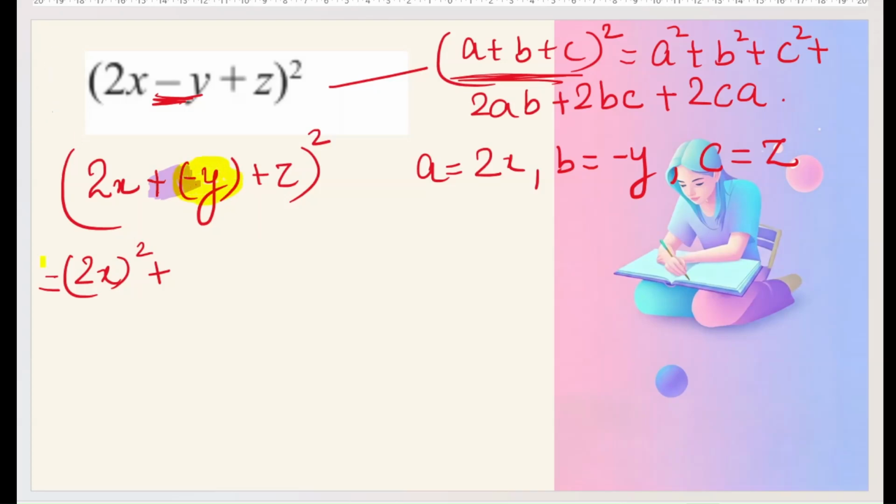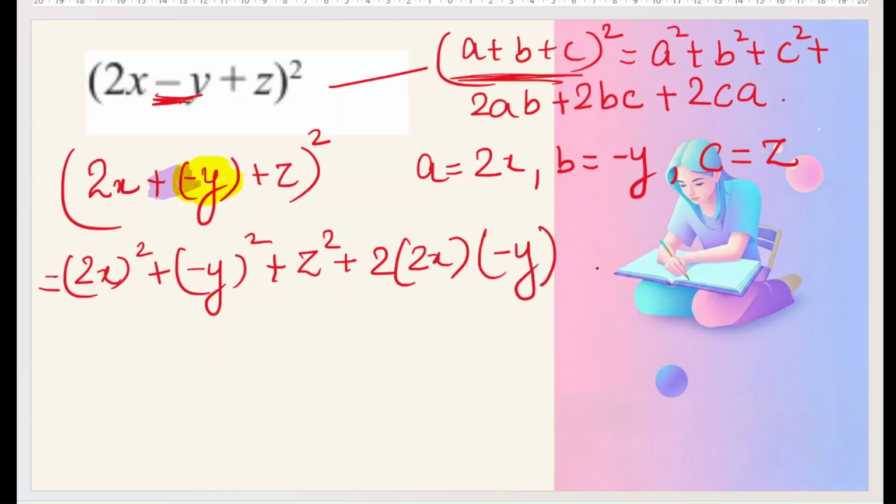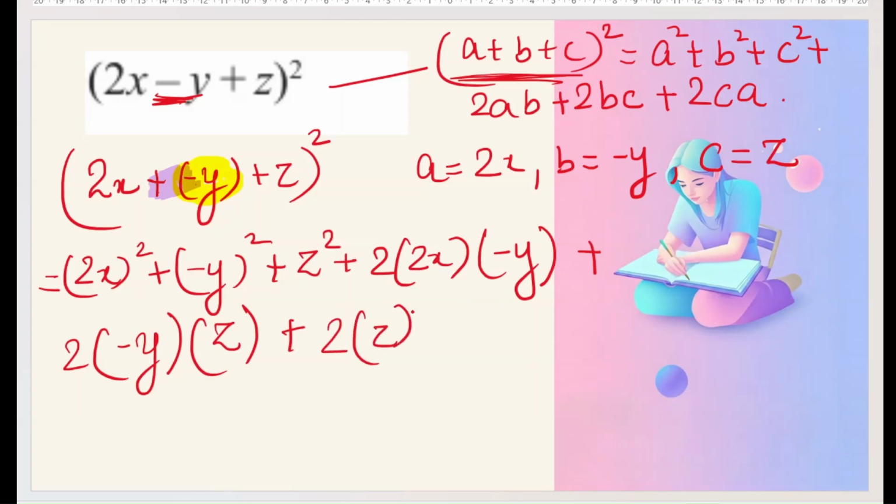So minus y whole square, plus third term square, so z square, plus 2 multiplied by first term, 2x, multiplied by second term, minus y, plus 2 multiplied by second term, minus y, multiplied by third term, z, plus 2 multiplied by third term z and first term 2x.